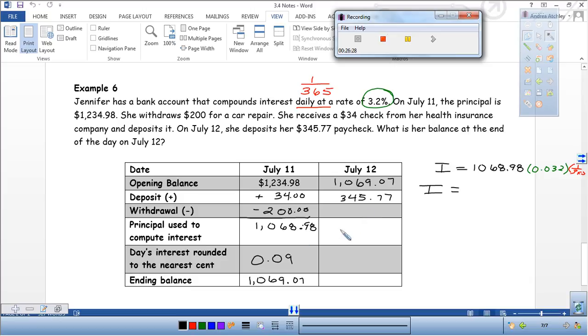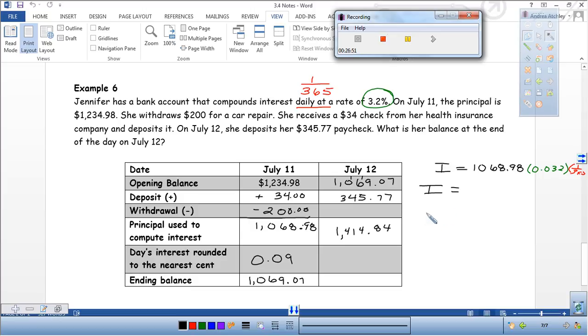She doesn't withdraw anything, it says. So she's going to have $1,414.84 in her bank account. So that's her new principal.